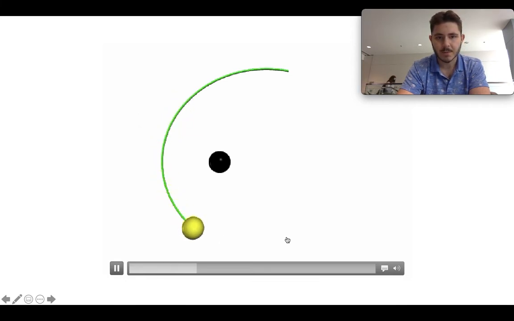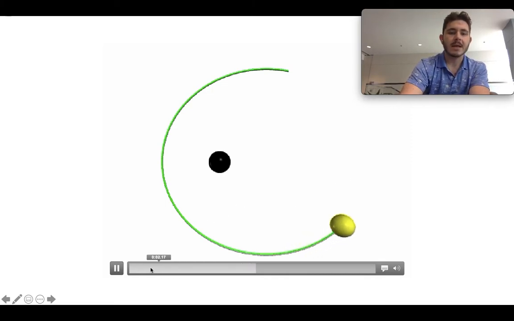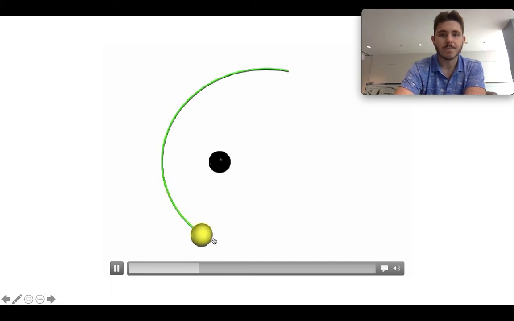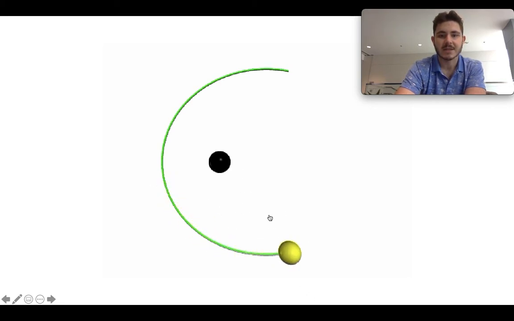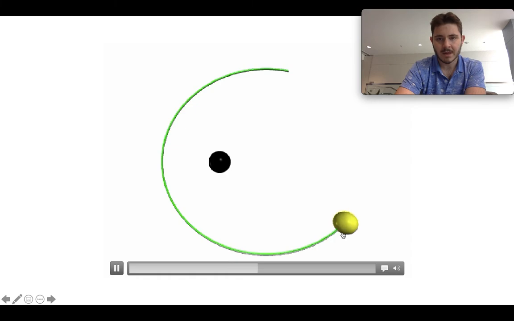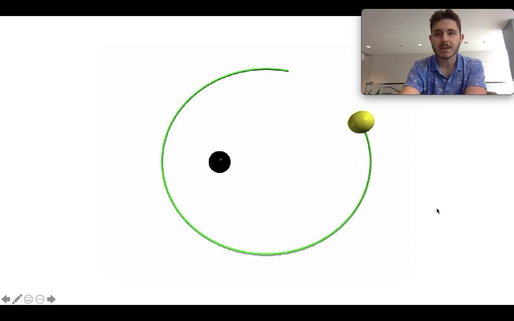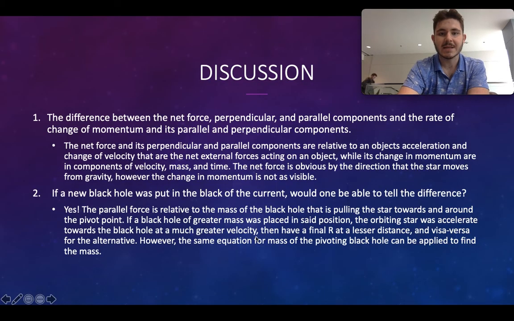It's where it's going. But the momentum, on the other hand, is where it's trying to go. So it's changing momentum in this direction. It's, hey, let's turn that way to pull it back into the circle. So simply put, F net we can see, changing momentum we can't.